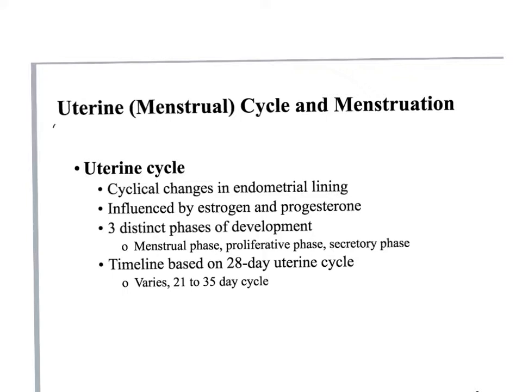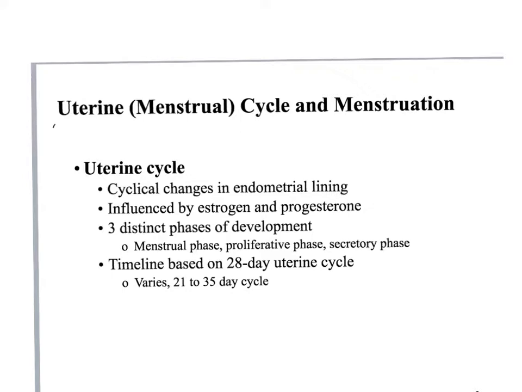As the follicle develops, it produces steroid hormones. As the follicle develops and gets larger prior to ovulation, it's producing a lot of estrogen, and then after ovulation, that follicle changes into a corpus luteum, and those cells switch over from producing estrogen to producing progesterone. So those are the two types of steroid hormones we're going to be talking about.